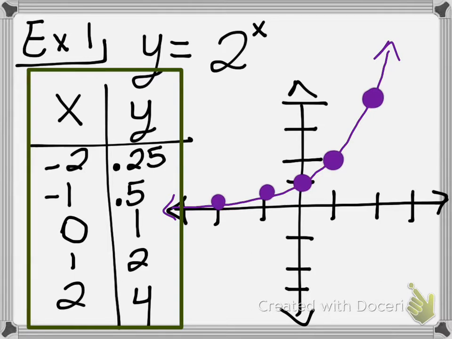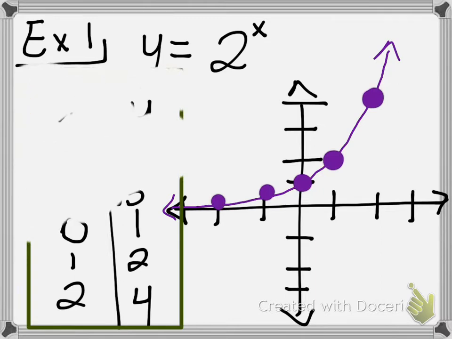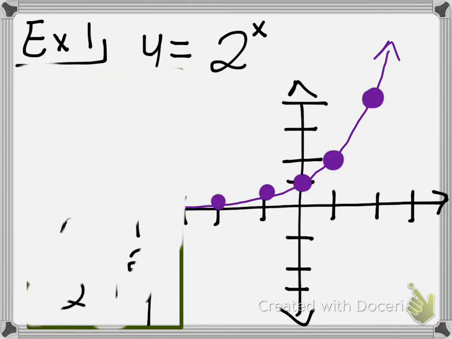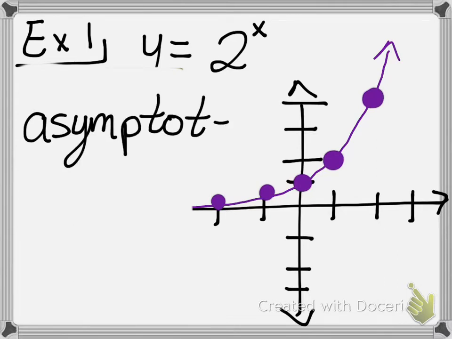So, on this graph, they're also going to ask you to write the asymptote. Now, the asymptote is a line where your graph is never going to meet.